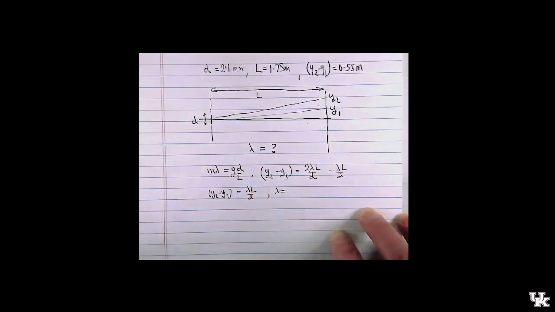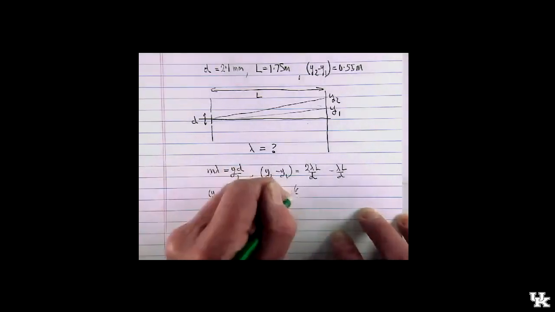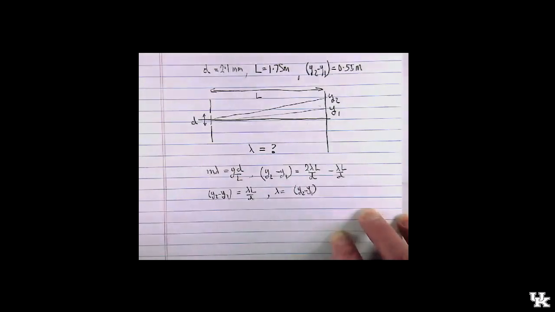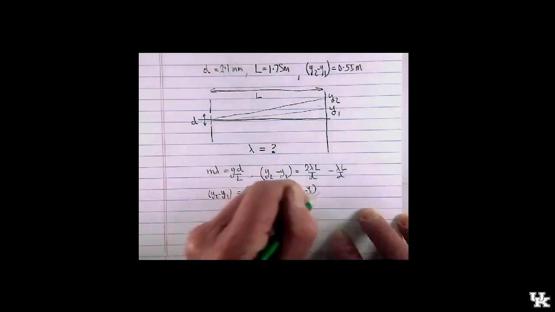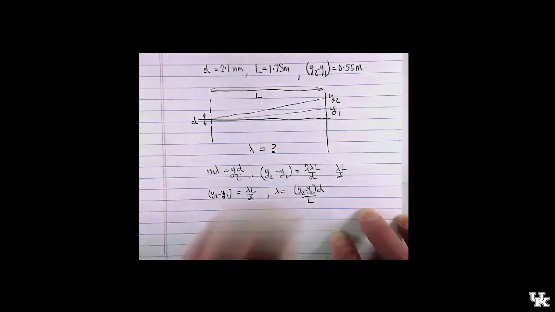And if we just divide by L and multiply by d again, it makes me wonder why I did that in the first place. I'm going to get this little guy here, which maybe would have been obvious originally.